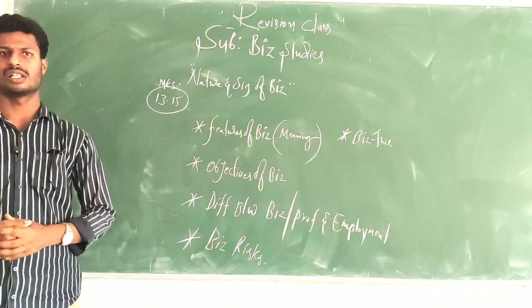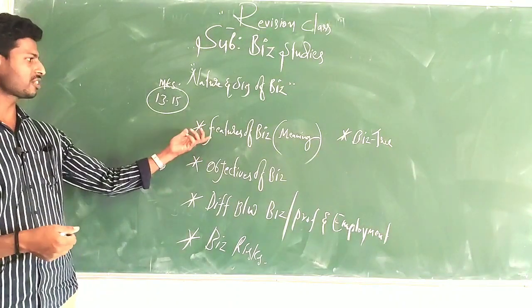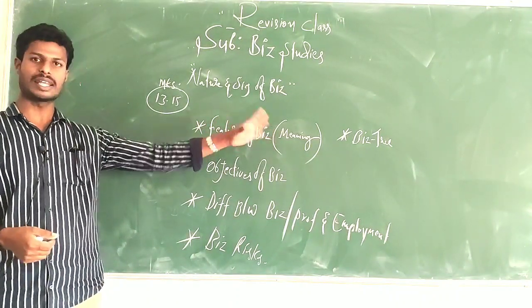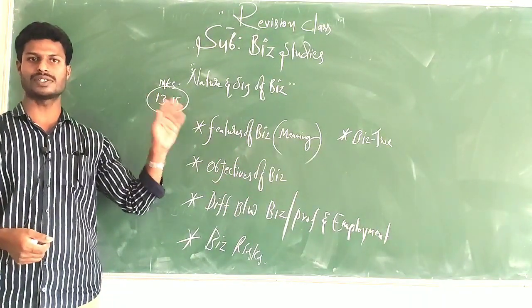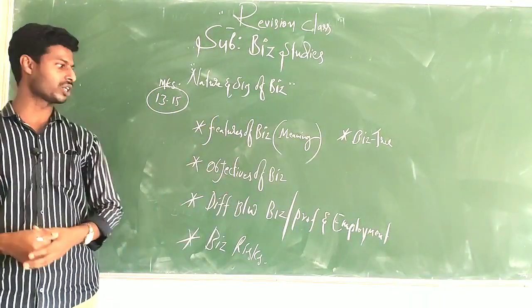These are social objectives. So firstly, features of business and meaning. Next, objectives of business: three types, economic, personal and social.